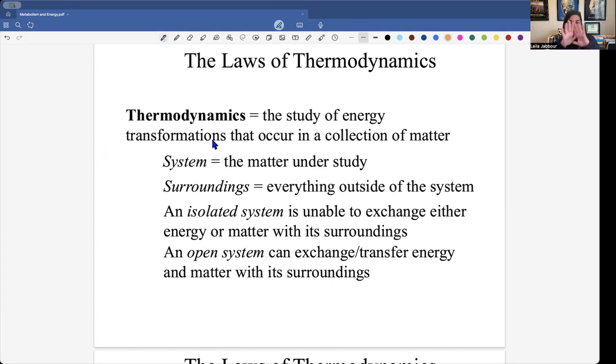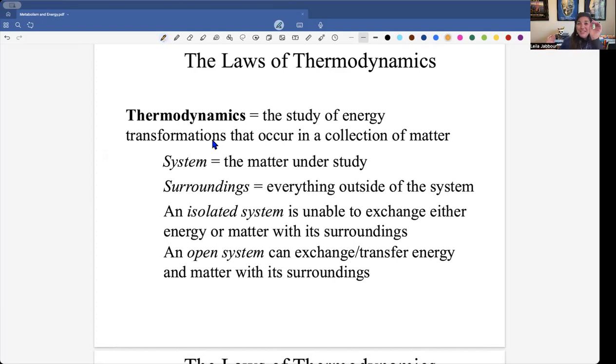So I'm going to try to keep it as simple as possible. Just for terminology purposes, when we use the term system, we're talking about the matter under study. So if the system is a fish in the water, that's the system. If the system is a human being on a diving board, that's the system. So it's just whatever matter that we're studying.